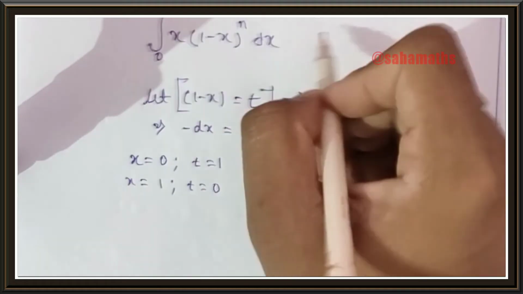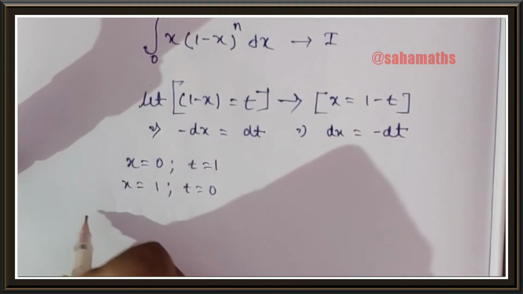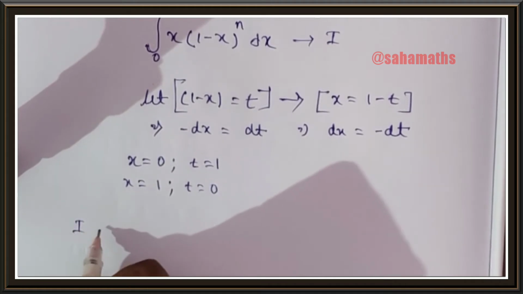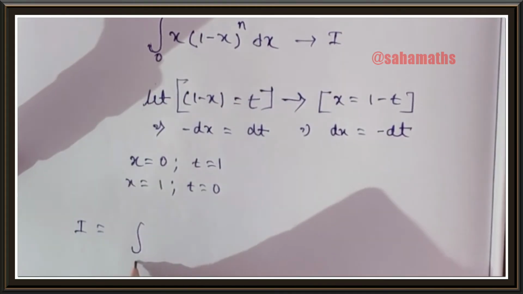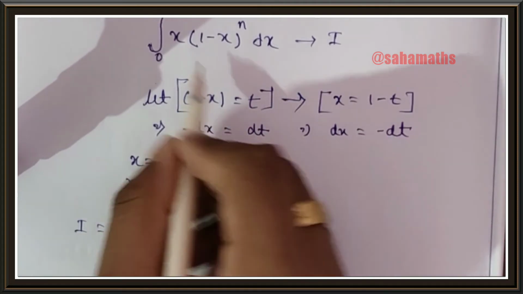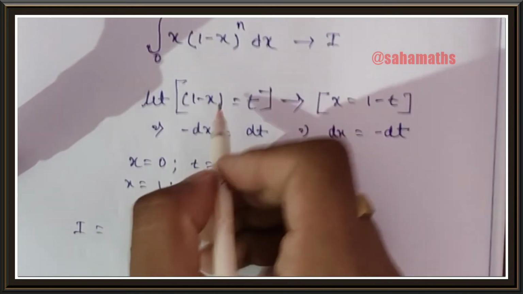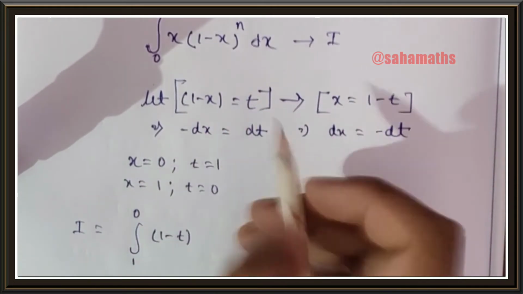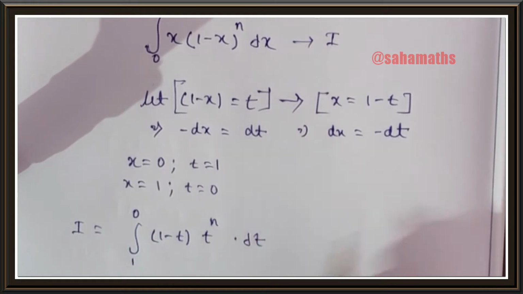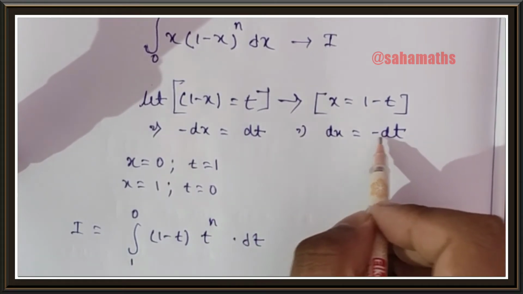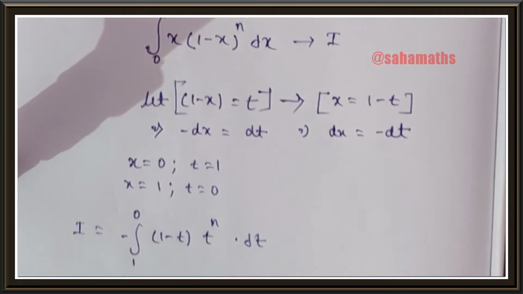Let it be I. Then I equals the integral from 1 to 0, where x becomes 1 minus t and 1 minus x becomes t, so t to the power n dt. As we have a minus here, we take the minus out of the integration sign.